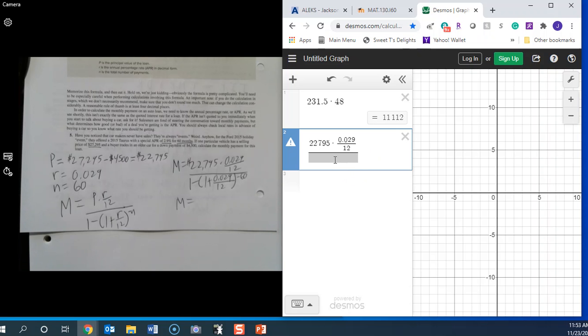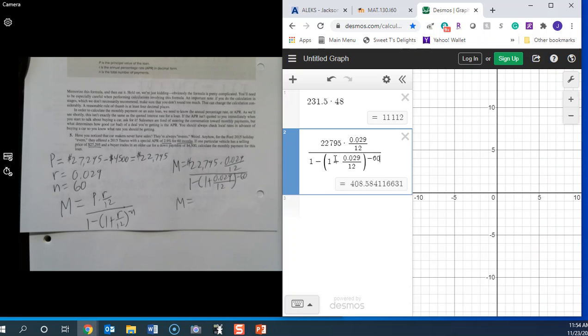Now that took care of our numerator. Now we go to our denominator. We have 1 minus the parenthesis, 1 plus 0.029 divided by 12. I have to move this cursor over, close the parenthesis, and now we're going to take this to the negative 60th power.